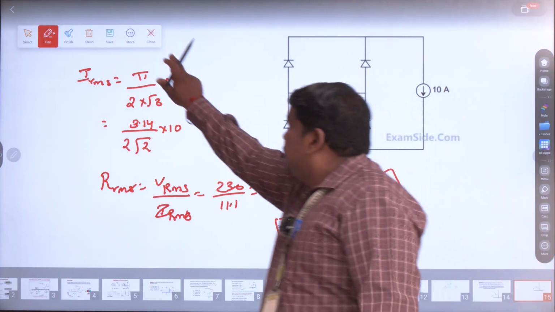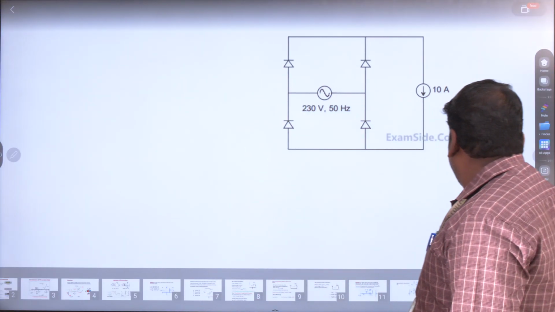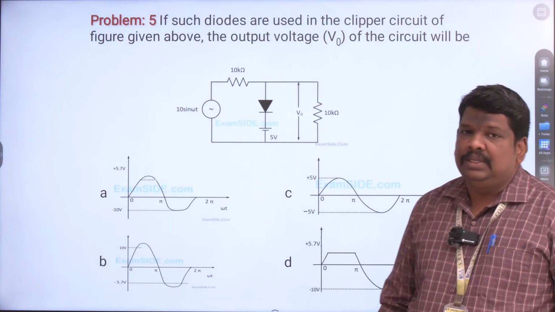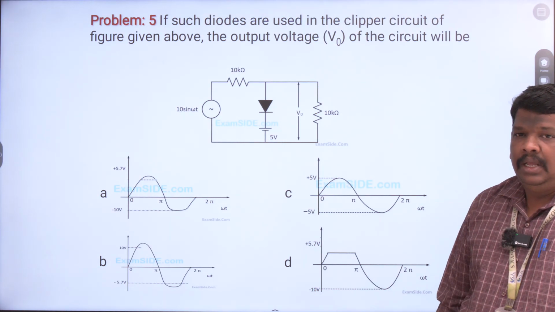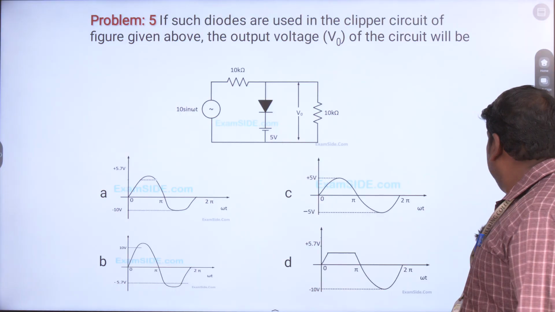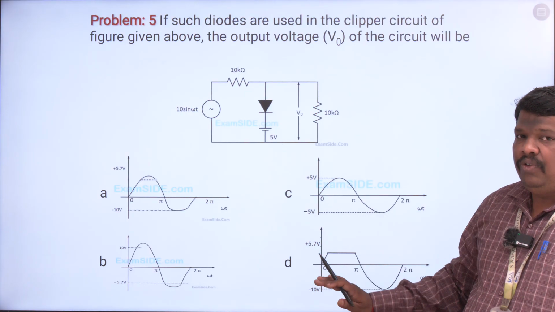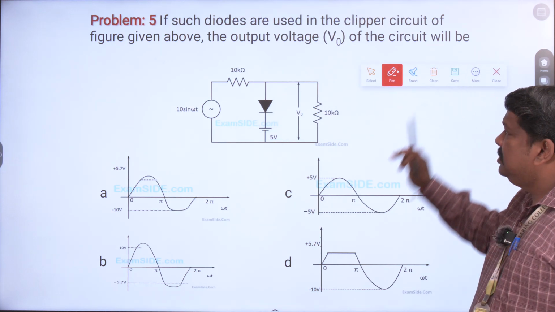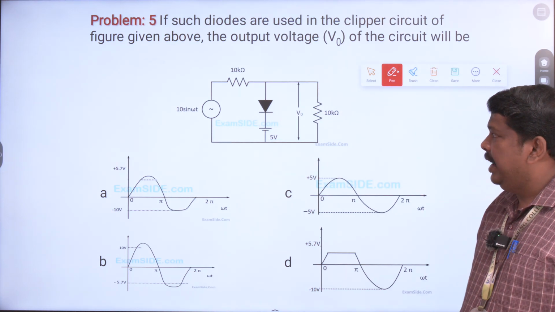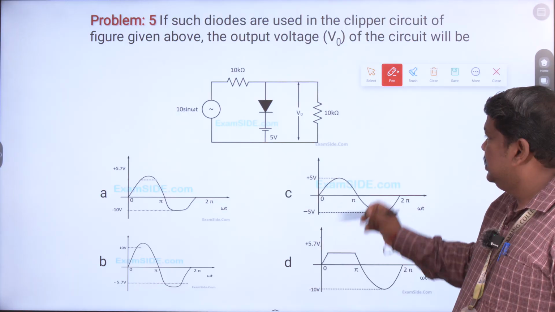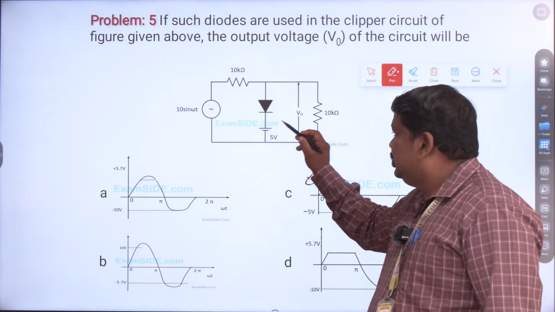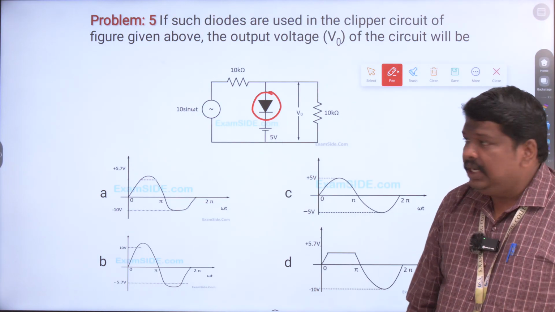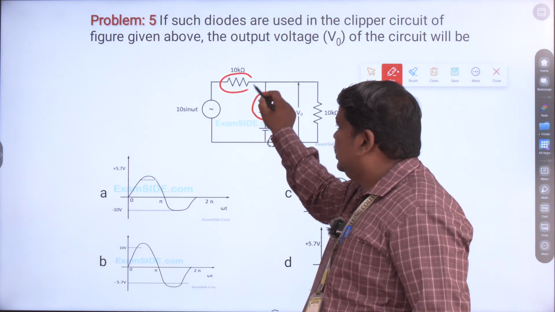And the next, final problem is going to be on the clipper as well as the clamper. A circuit is given. In the circuit, which waveform is the correct waveform? Which option is the correct waveform for the given network? We have to identify. Here the diode is connected in shunt, and a resistor is connected.